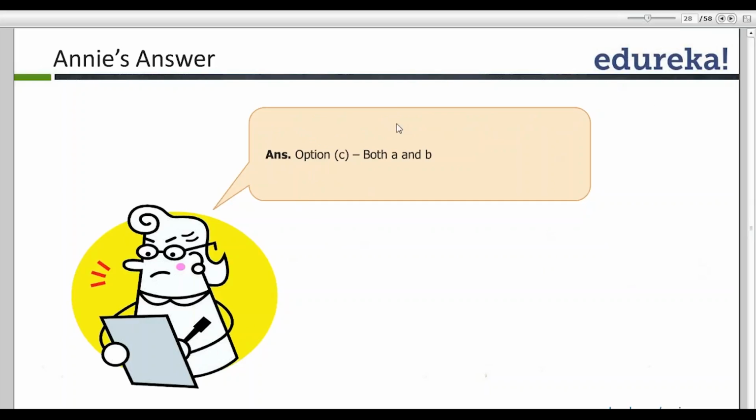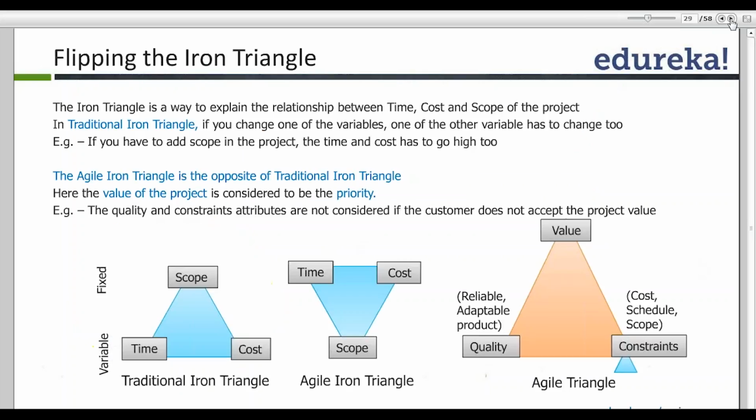Okay. Moving ahead. Now, in traditional project management, we used to have what is called an iron triangle. What that iron triangle said was that in any project, there are three main constraints: scope, time, and cost.